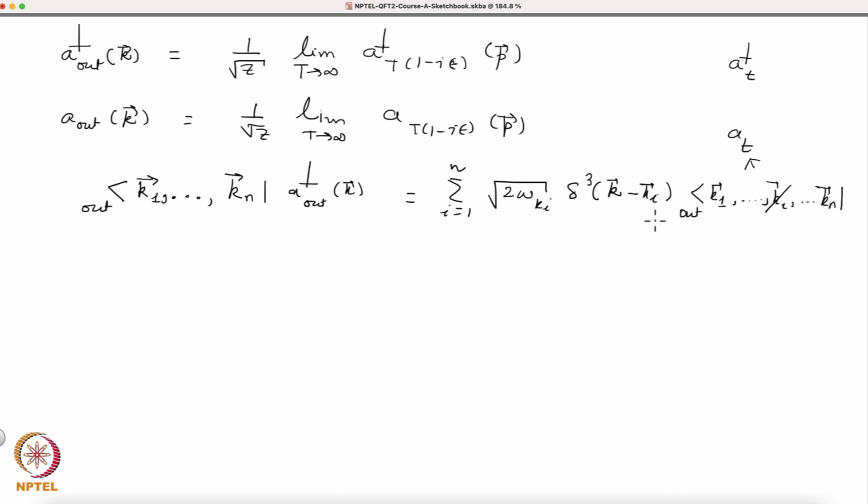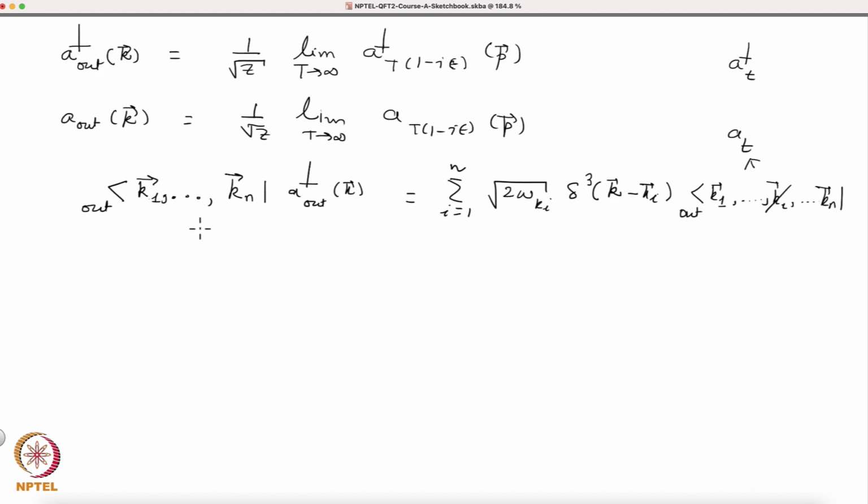And as before, if none of the labels k1 to kn matches the label k here, then the delta function vanishes, which means that this a dagger out is going to kill this state.